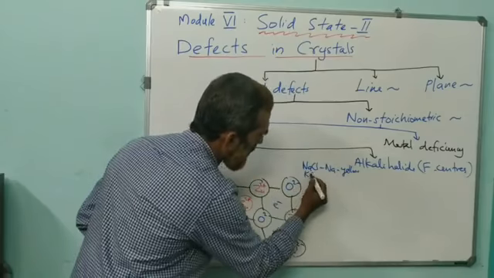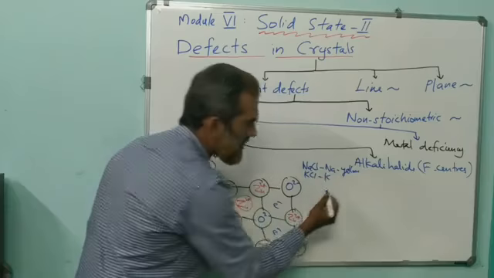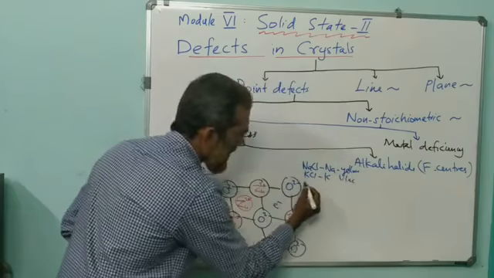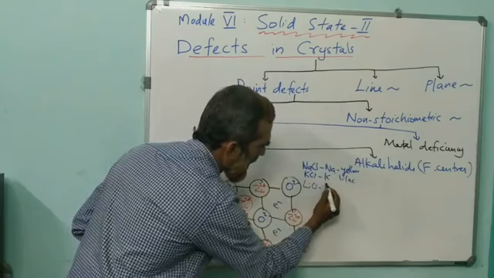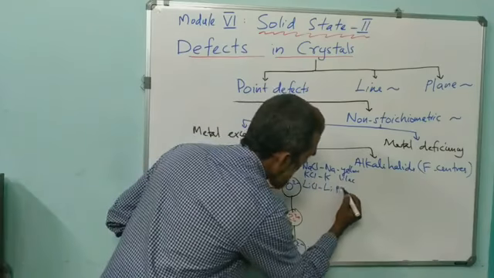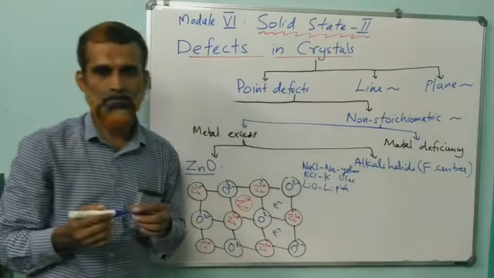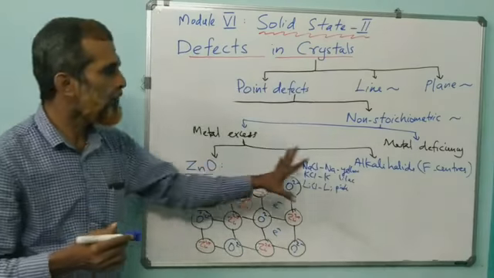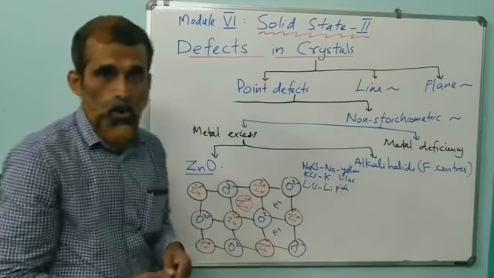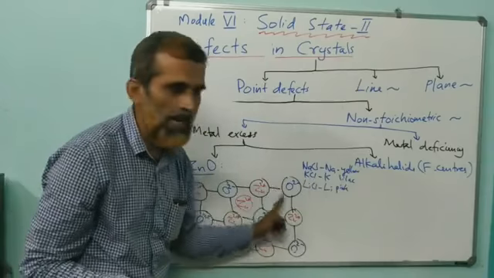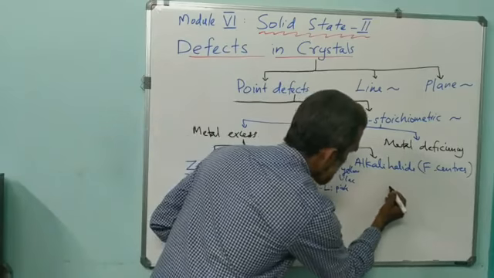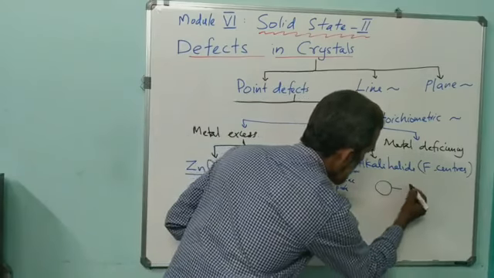If you heat potassium chloride in an atmosphere of potassium, it will show lilac color. If you heat lithium chloride in an atmosphere of lithium vapor, you will get a pink color. So what is this color due to? This is due to the defect which appears in alkali halides on heating in the respective metal vapor. So let's see what kind of defect appears here.